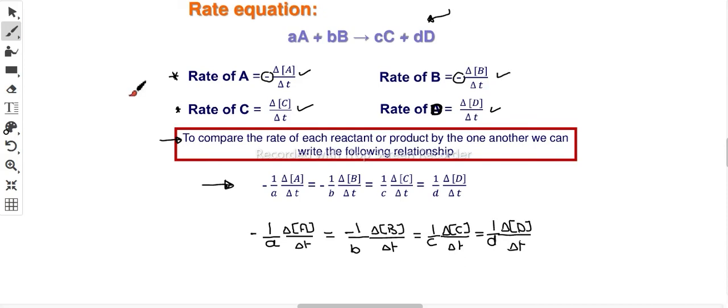We are using it for the comparison part. So if we want to compare the rate of the first reactant to the second, to the products, and so on. How can we apply this idea?